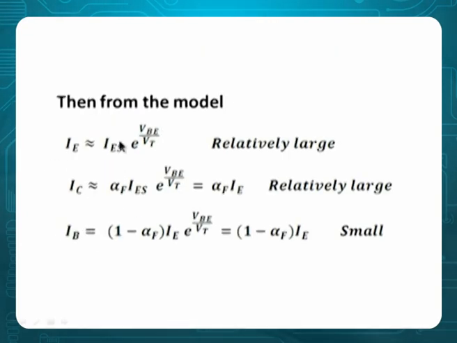Look here. In this equation, you have neglected the one; this is relatively large, alpha F IES e power VBE by VT, relatively large. IB has the factor 1 minus alpha F here. This is small. So this is the first mode, called forward active mode.